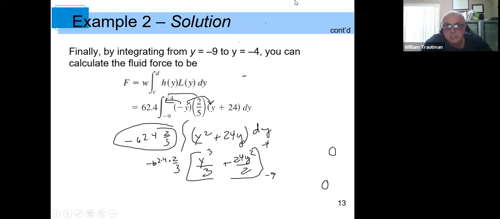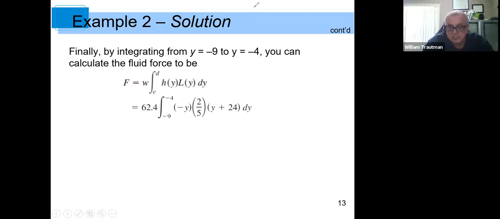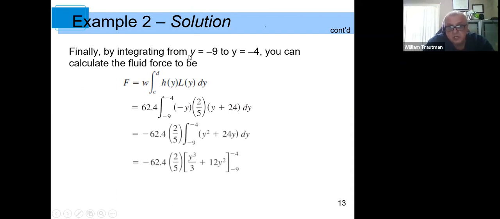I know they'll have all that work for us. I'll give you a second if anybody's writing this. I think they show all this also. So let's see what they do show. There we go. They don't really explain a lot, but they do show that the 2/5 came out and the negative came out.